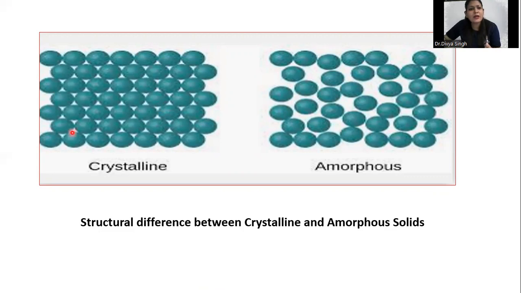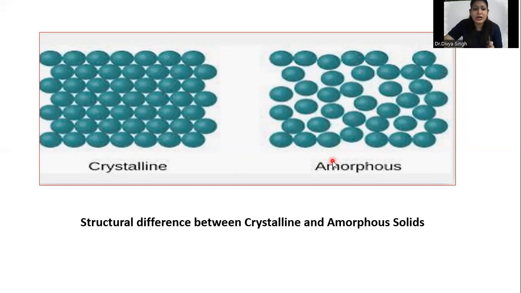Therefore, it has a regular arrangement, and this arrangement is quite clear. But when we see amorphous solids, the particles or molecules are not regularly arranged. They are irregular, they are randomized. So this is the basic difference between the structures of crystalline solid and amorphous solid.